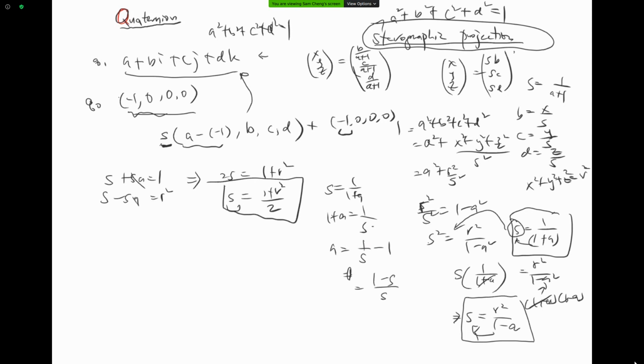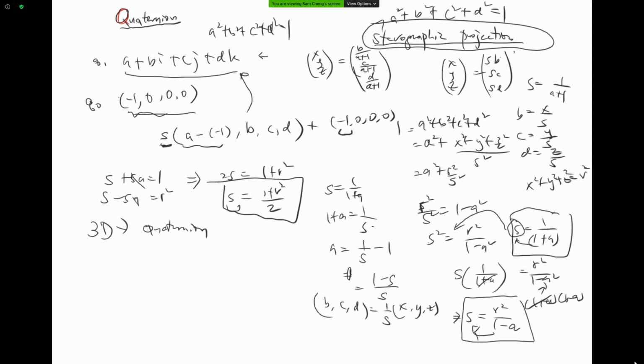And remember that b, c, d is just equal to x, y, z over s here. So I can put everything together. It's like I will have from 3D to Quaternion.